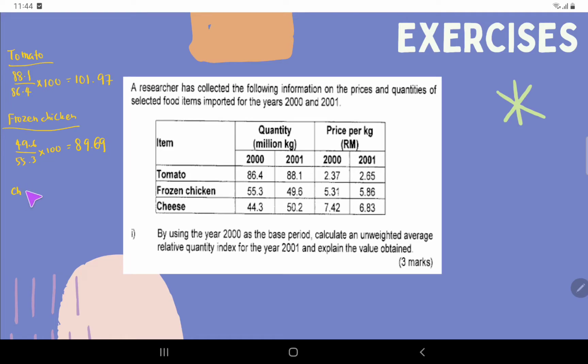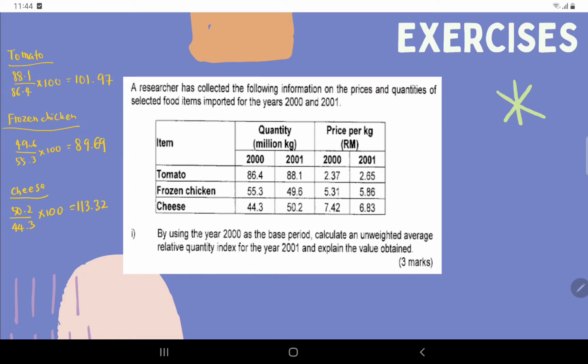Okay, and finally for cheese, 50.2 divided by 44.3 times 100. So the answer is 113.32. And then the question asks you to find the average.